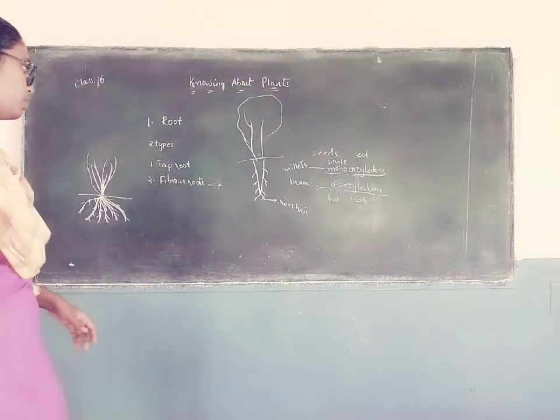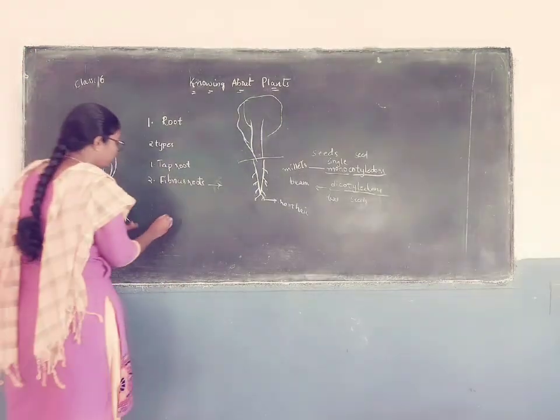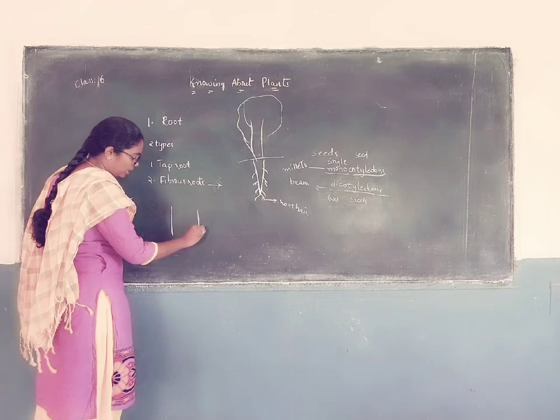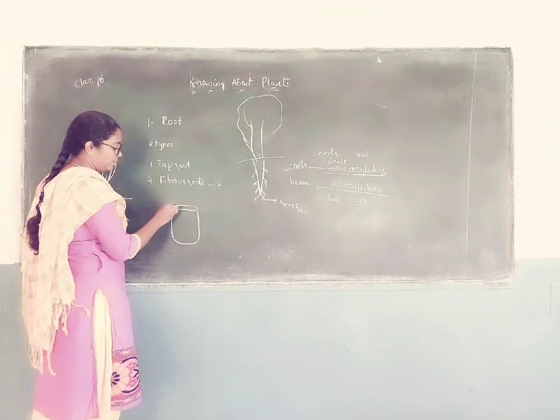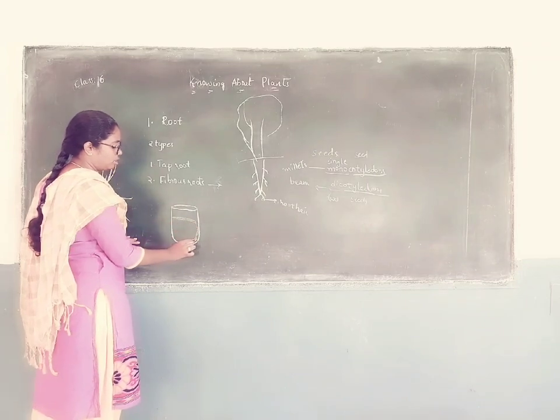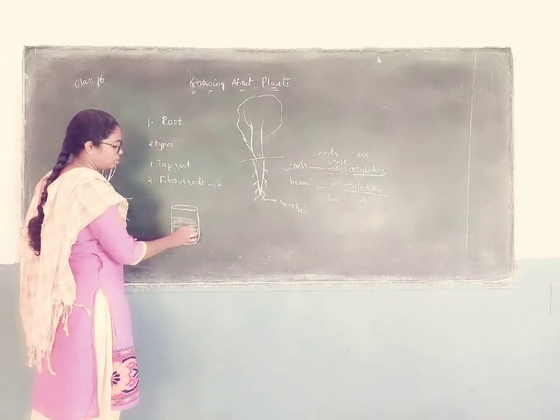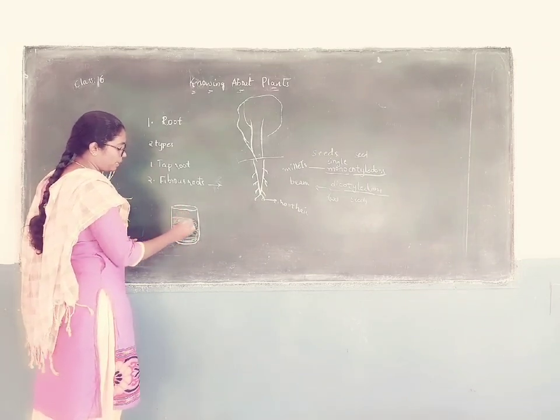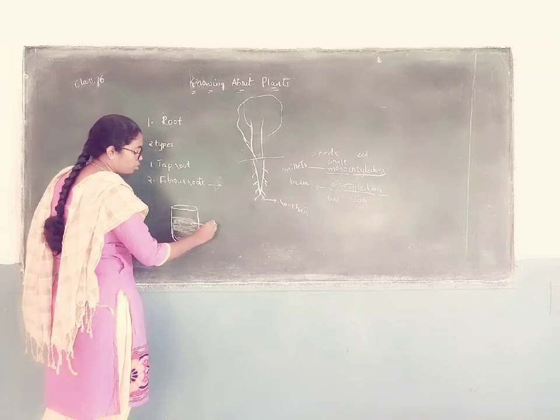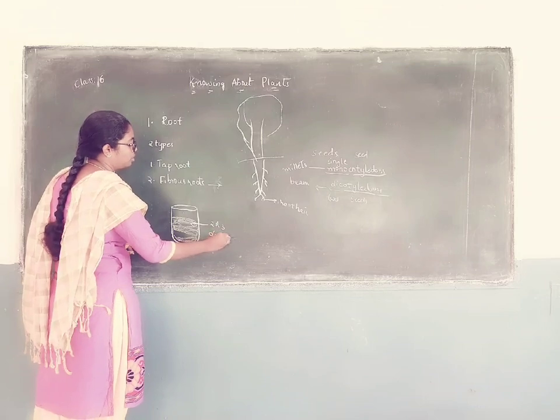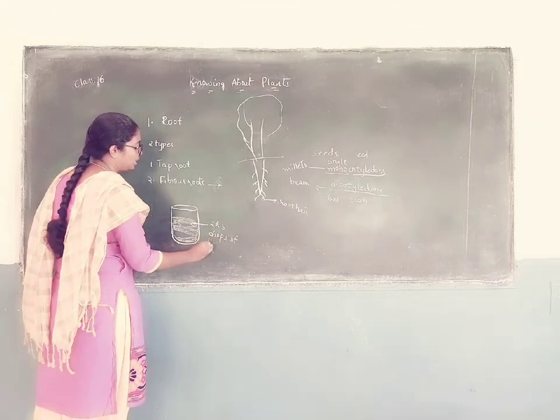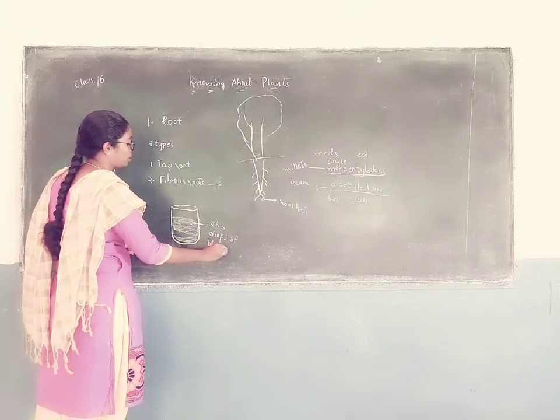So what he did? He took a glass. In this glass he filled it with water and he dropped 2 or 3 drops of blue color, or blue ink.